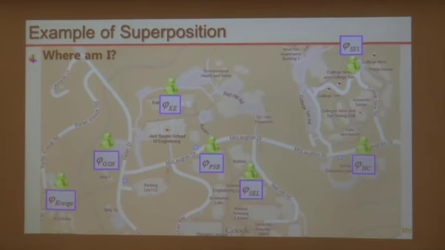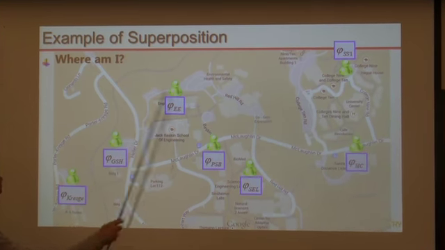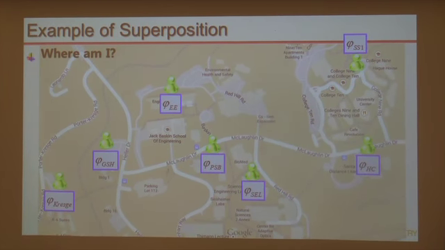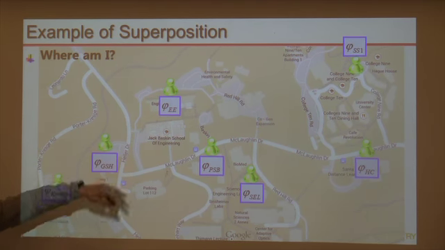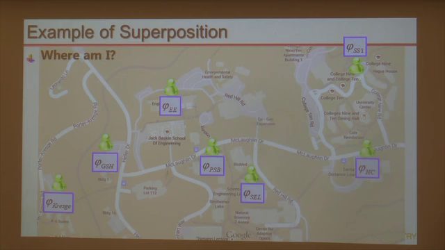So for each location, let's imagine I'm an electron, a small particle in a microscopic world. Each location is represented by a basis wave function to describe that location. If you don't catch me, you don't know where exactly I am, so the possibility of finding me in those 7 locations is equal.